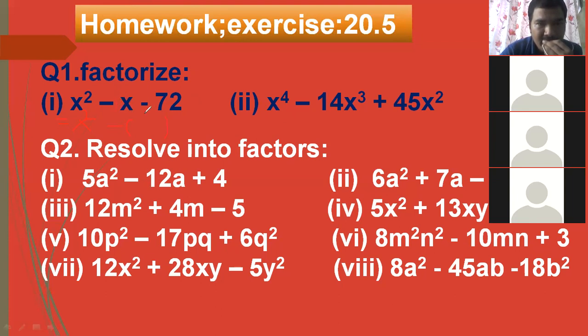Then how to bring 1? By subtracting the difference, 9 and 8. Because 9 times 8 is how much? 72. Good. And 9 minus 8 is 1.